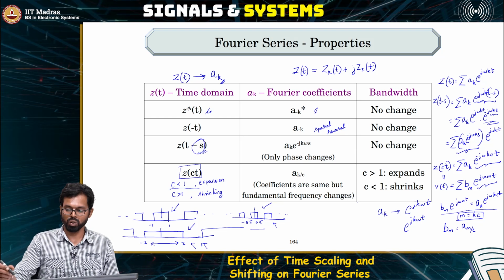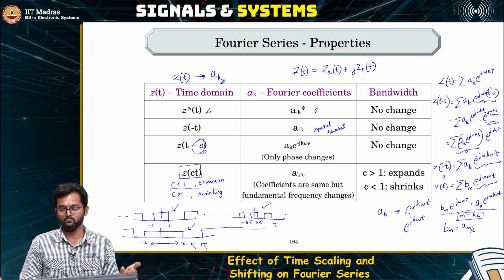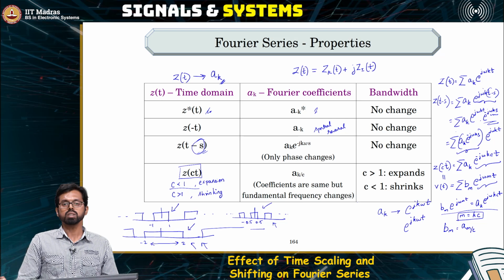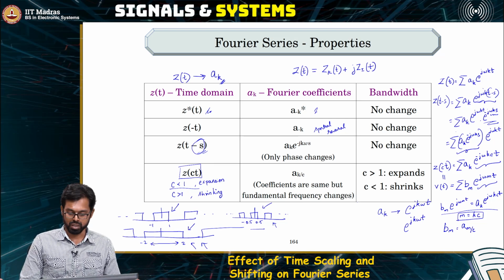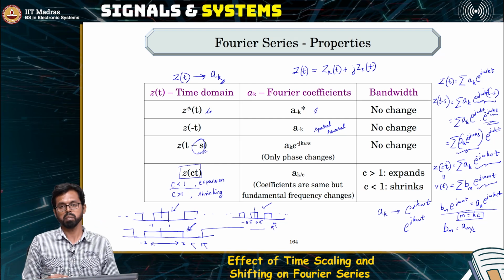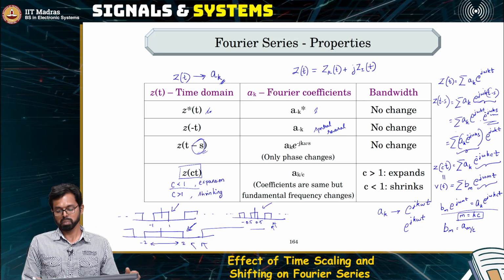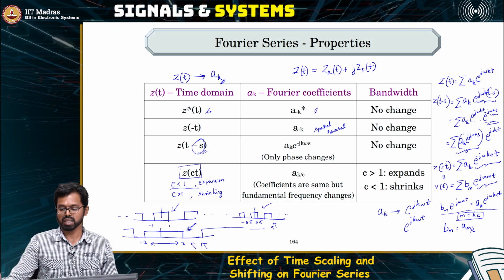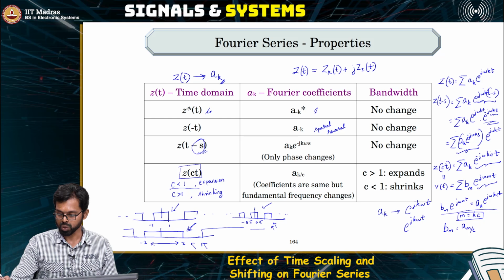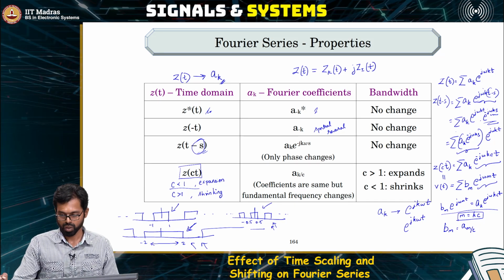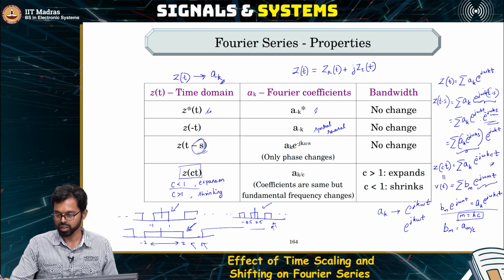Remember we said the omega that we take here is the smallest frequency component present, corresponding to the largest period present. So, when you expand or shrink the signal, the fundamental frequency and the fundamental period change. Earlier whatever was omega now gets scaled to cω. So, you can either see this as the coefficients changing or the fundamental frequency changing.